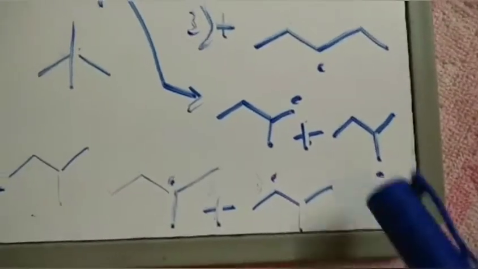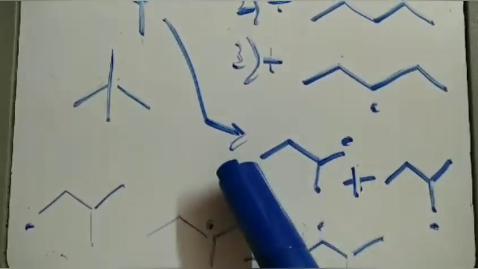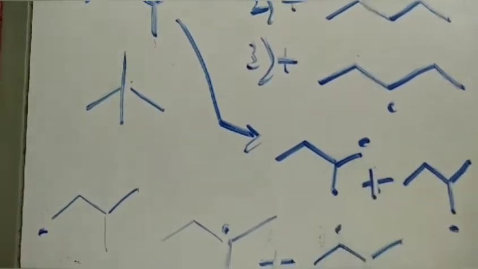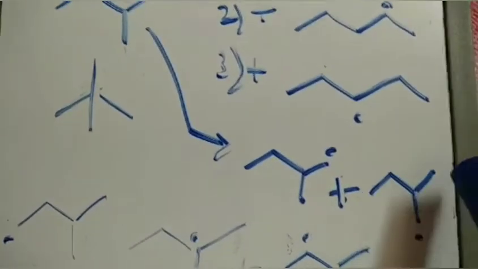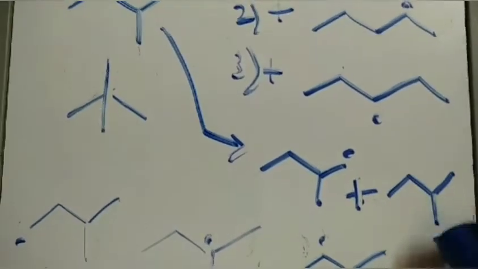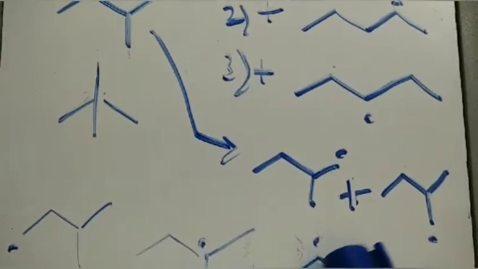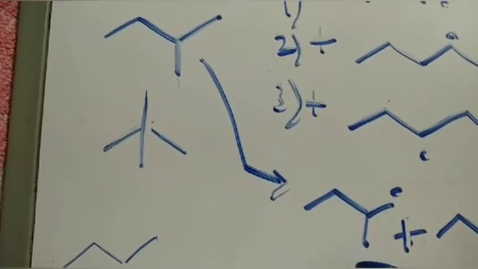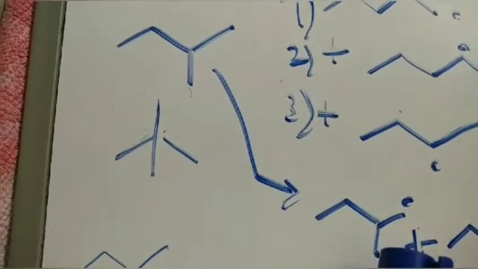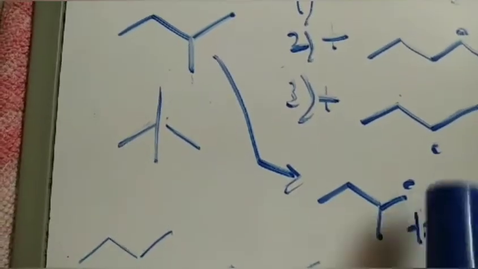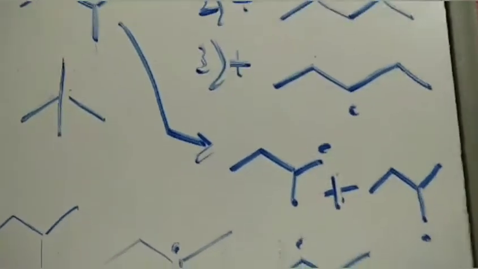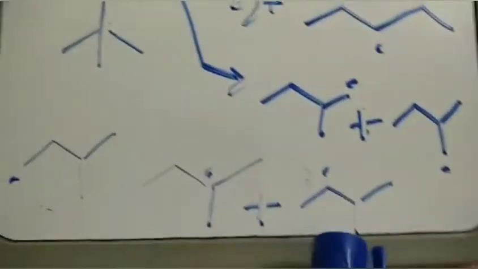How? You just name it: 1, 2, 3, 4. So the second position has a methyl group. Name this also 1, 2, 3, 4, second position having a methyl group. So if you name this molecule from this carbon, 1, 2, 3, 4, second position methyl, only one radical is there. Here you name from this one, 1, 2, 3, 4, second position methyl, radical is there. Those are the same, but these three are different.